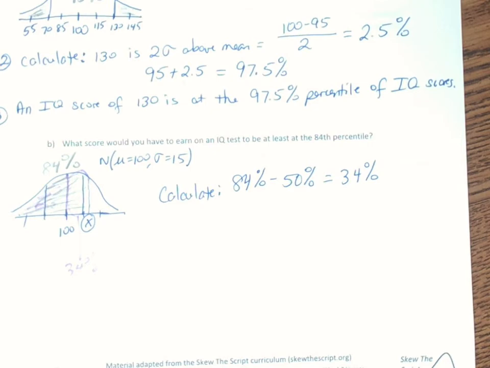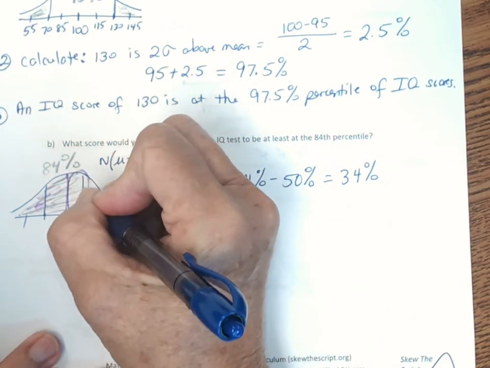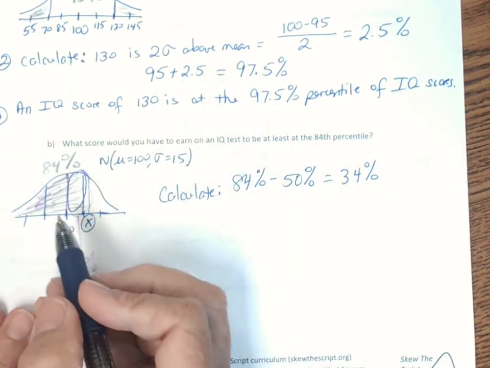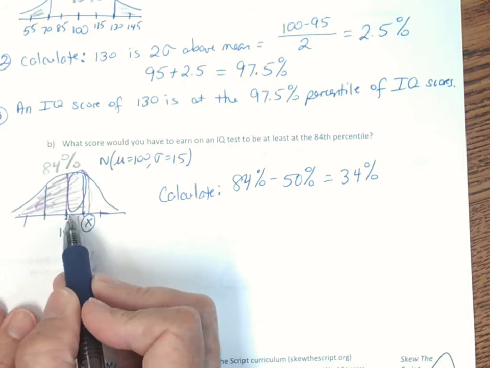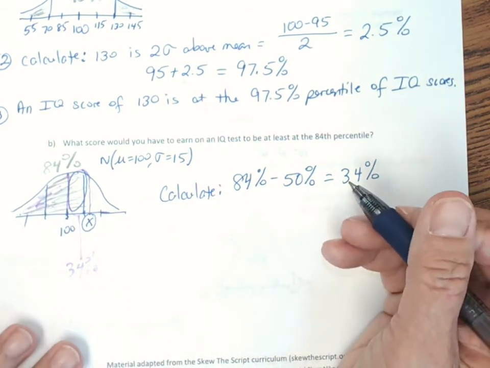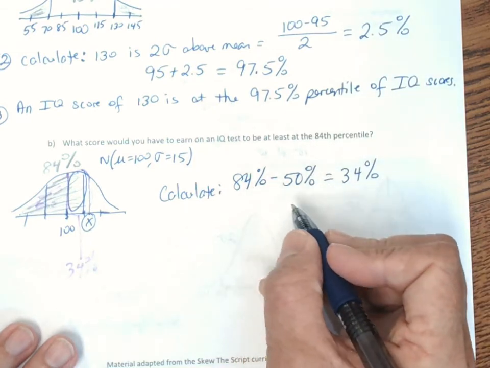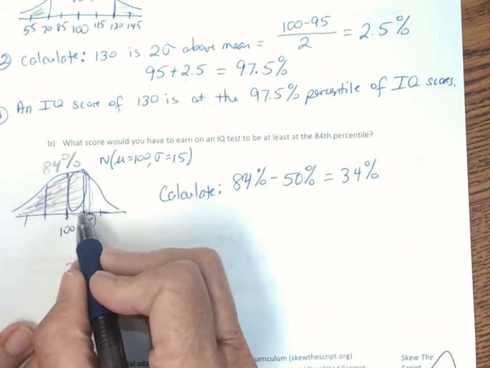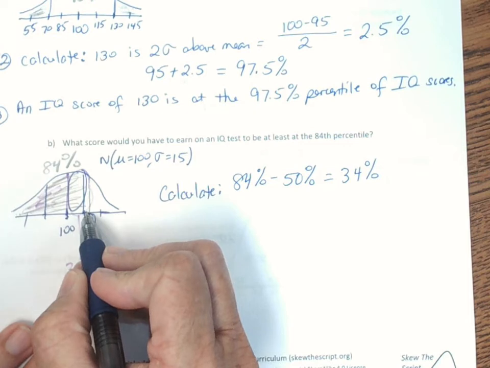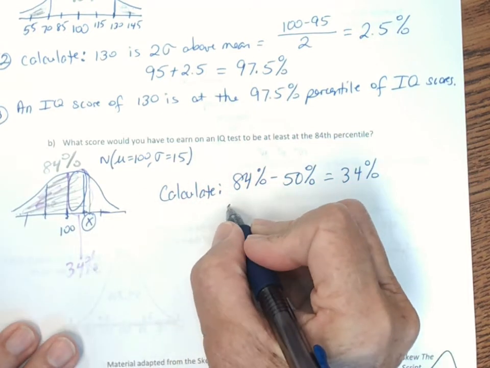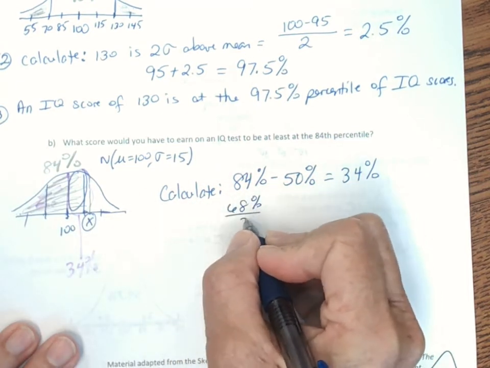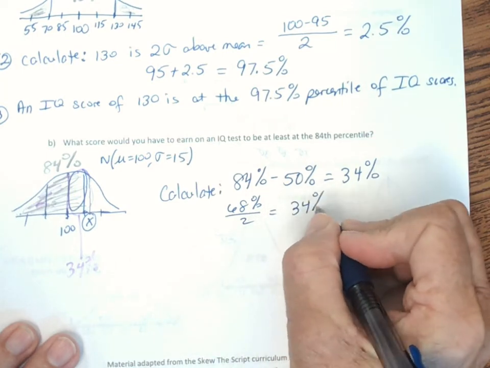Okay, that pen is dying on me. That doesn't help. So I'm looking at this part right here. 50% is up to the median, and now I need to have this amount. So how am I going to figure out what 34% is? Well, we know that 68% of the data is within one standard deviation. So 68% divided by 2 is 34%.